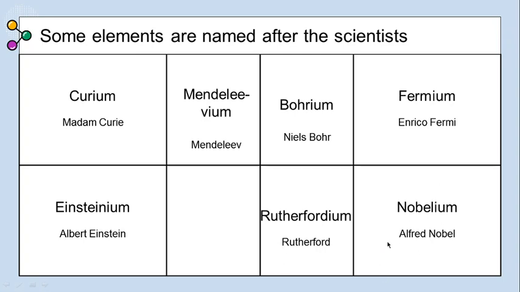Rutherfordium, Rutherford. Nobelium, Alfred Nobel. Curium's symbol is Cm, mendeleevium Md, bohrium Bh, fermium Fm, einsteinium Es, rutherfordium Rf, nobelium No.